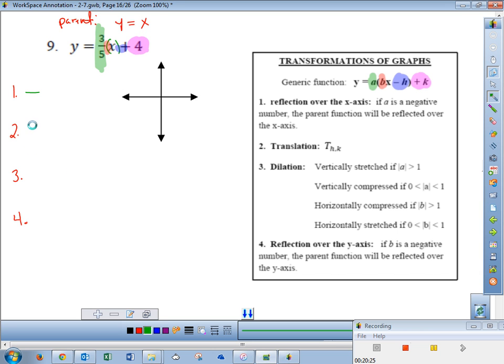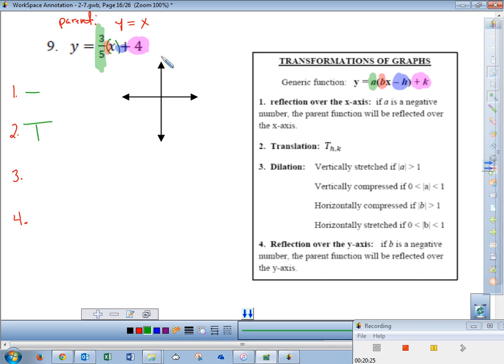Translation. You will always put something into translation. Even if it doesn't move, you would say it got translated 0, 0. Cool? So, did it move left or right at all? I look at the blue number, which is supposed to be the number inside the grouping symbol hanging out with x. Was there a number inside the grouping symbol hanging out with x?